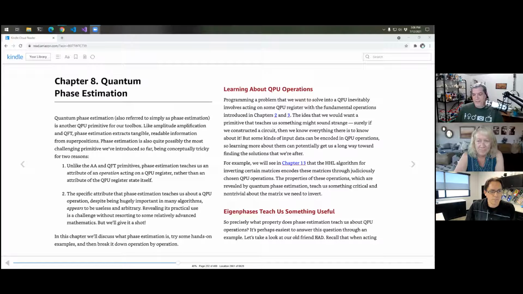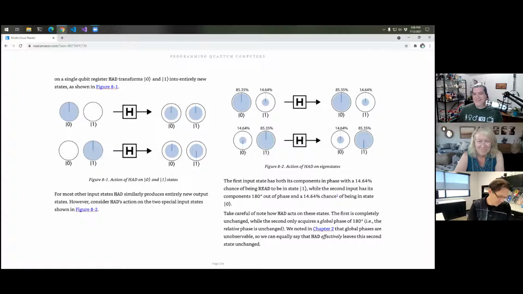So the thing about eigenstates and eigenphases, which is the first words that they throw at us, is, what is that? The general idea is that a QPU operation, and I don't know if this applies to everything, it's kind of implied that it applies to a lot of operations, actually has this state known as an eigenstate, where if you apply the operation, you get exactly the same output.